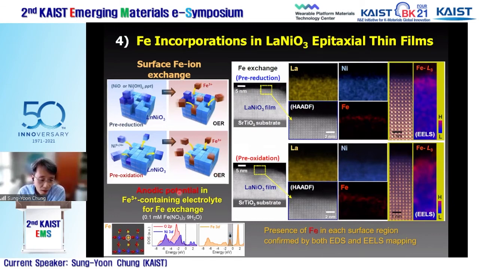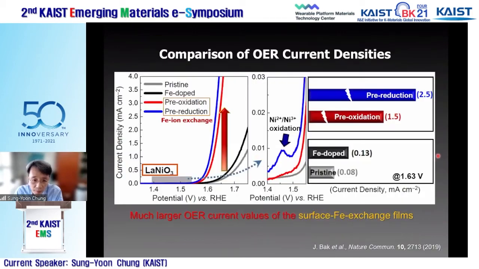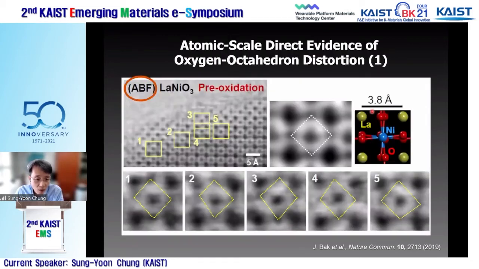In this case, we used iron-containing electrolyte for the ion exchange experiment. So this is an ion exchange sample. By measuring, we identified that the activity enhancement is huge, more than one order higher, for the iron-exchanged ruthenium nickel oxide sample.